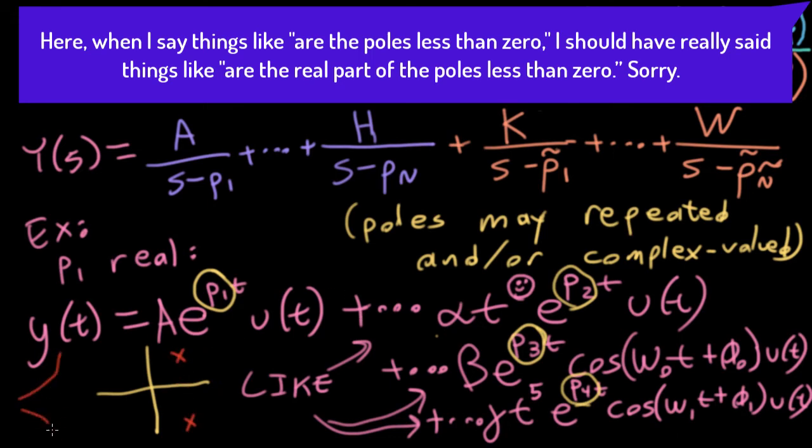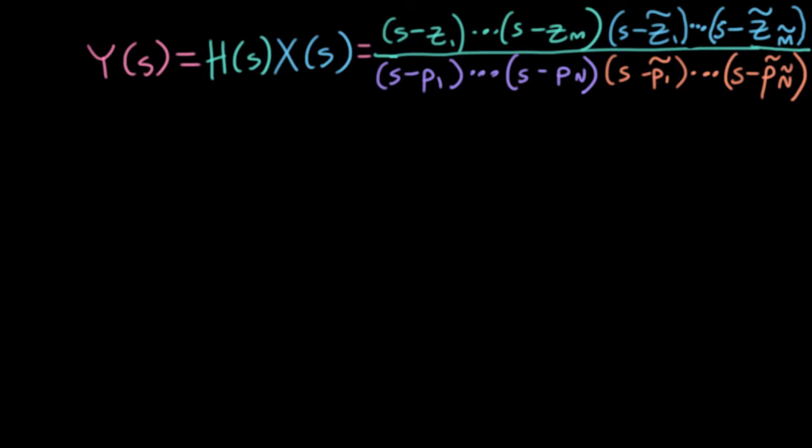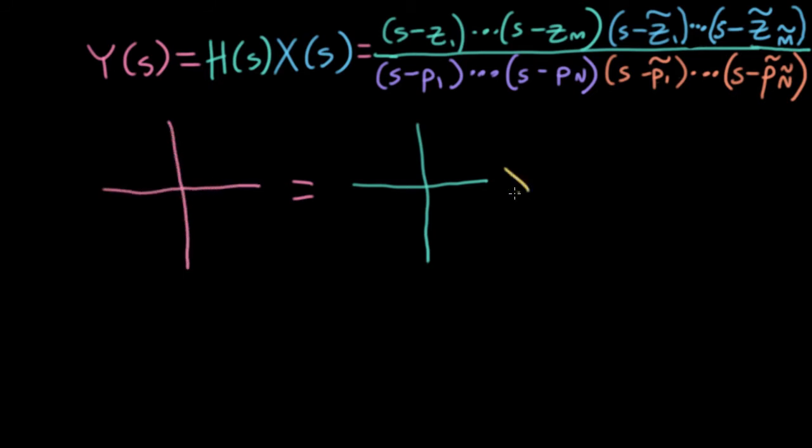And if I have a pair of poles out here, well, then instead of a decaying exponential, I'm going to have an exponentially growing sinusoid. So the way I like to think about this is that I imagine drawing a Laplace plane for the transfer function, for the output, and for the input.